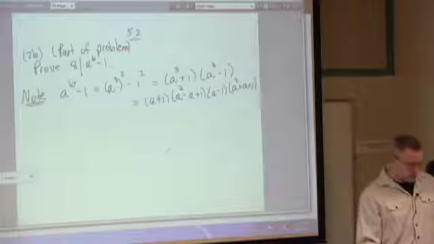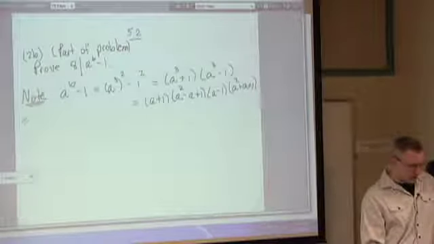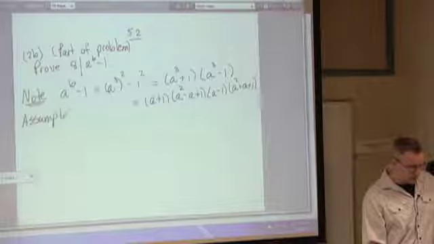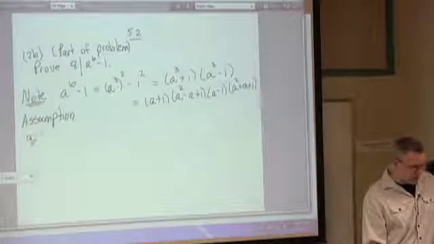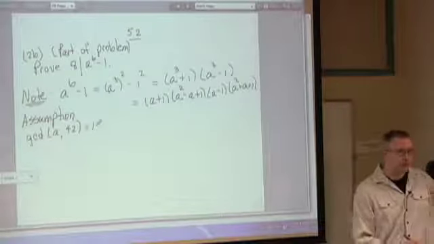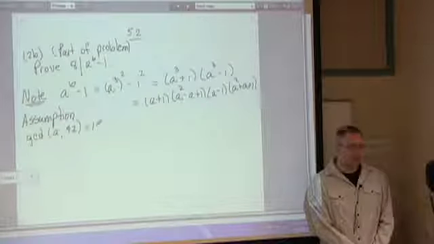So what was the assumption in the problem, which I didn't write down? Somebody can tell me if I screw this up because my book is closed. The assumption at the beginning of the problem is that the GCD of a and 42 is equal to 1, right? Did I get that right? Okay.